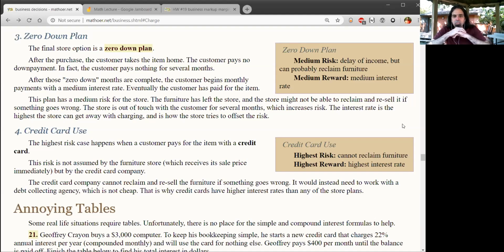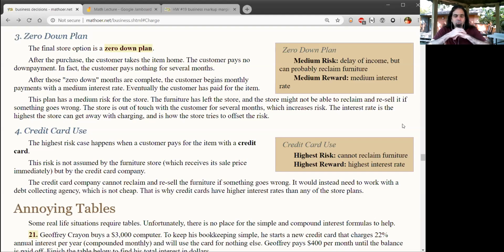The last case is a credit card. And the credit card is a similar thing to the 0 down plan in that the credit card company isn't getting anything but your interest, so they have to charge a lot of interest. But they have to charge even more interest than a 0 down plan, because if the furniture store decides you can't pay back, you've missed too many payments, they could always attempt to come and get back the table or couch or whatever it is.